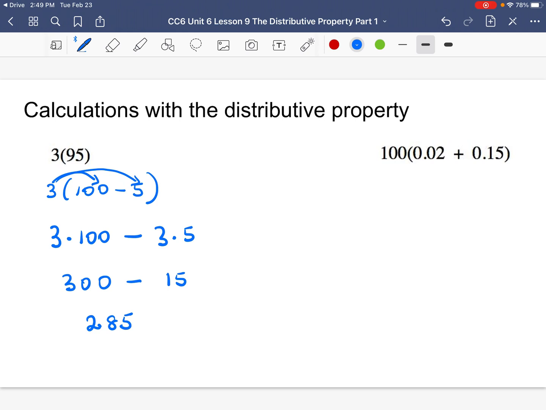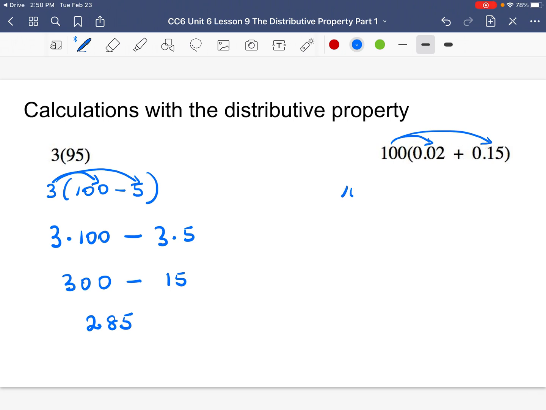And on the right hand side we can use these with decimals. It's already broken out in parentheses. I'm going to draw arrows to show what I'm going to distribute. I'm going to distribute 100 over 0.02 and 100 over 0.15. So I'm going to write that out.